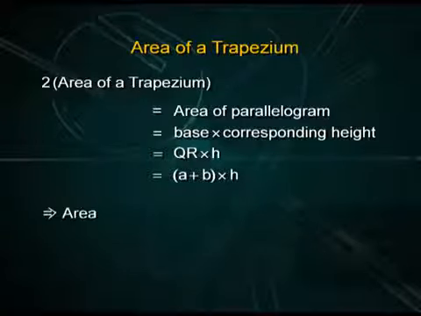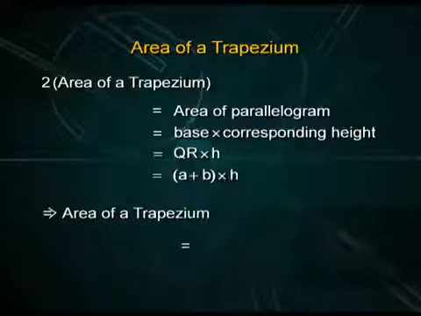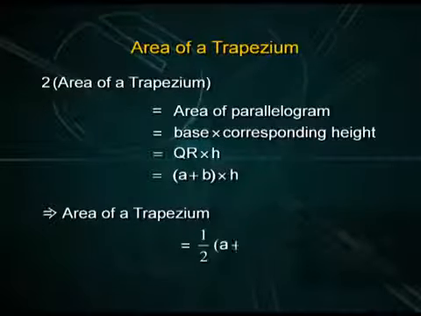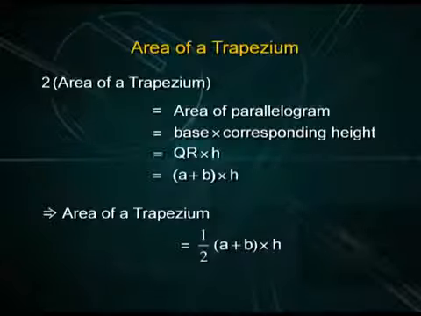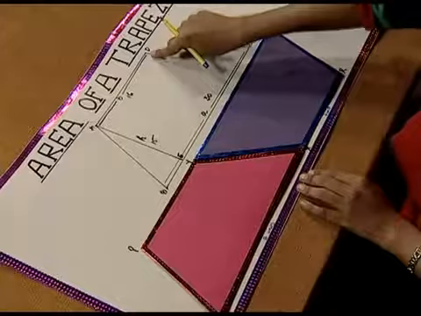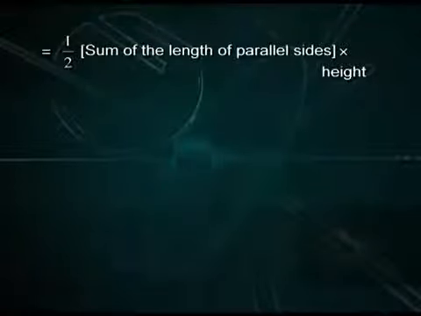So the area of a trapezium is half into a plus b into h, or we can say half of the sum of the lengths of the parallel sides of a trapezium into the height. As we know, what are a and b? a is BC, which is one of the parallel sides, and AD is the other parallel side. So we have verified that the area of a trapezium is half the sum of the lengths of the parallel sides into height.